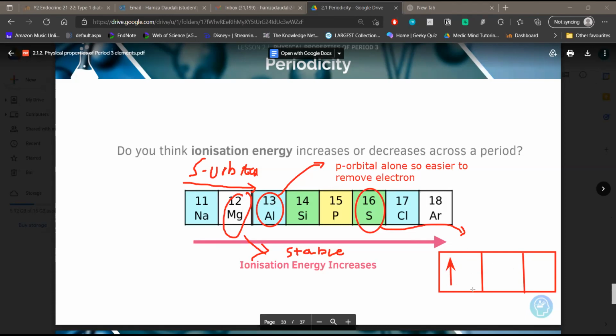Electrons like to be alone. So we fill the second orbital within the p subshell. Then we fill the third one. But now we've filled that by phosphorus, we're on the increase. It's not VSEPR. VSEPR is to do with shapes of molecules, which we can talk about slightly later.